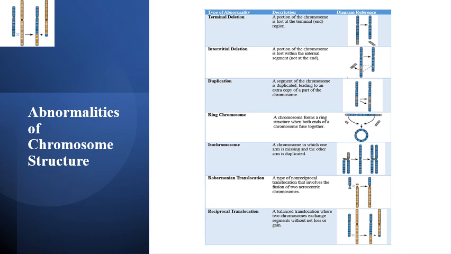Reciprocal translocations are when there is an exchange of segments between chromosomes other than acrocentric, and they're usually balanced. And each type can have different impact on health depending on the genes affected.